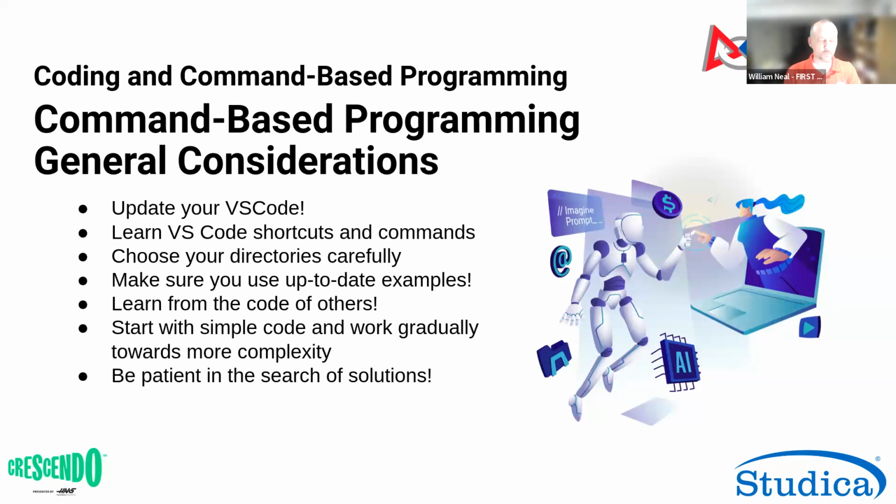So you may have to copy and paste sections of others' code into your code and make it work accordingly. And speaking to the comment about migrating a timed robot to a command-based robot, starting with something simple and working gradually towards more complexity tends to work. If you get the wheels working, then maybe you can also get a sensor working and then work up to your full robot, and so on and so on.